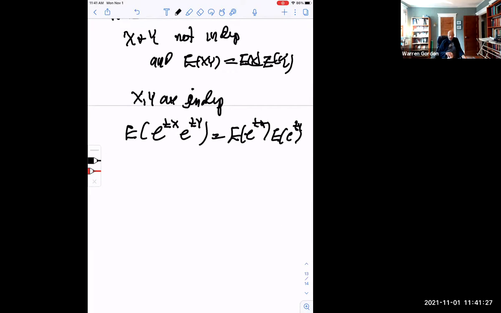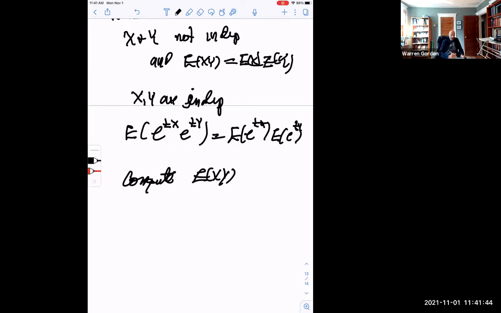So let's look at an example or two, just to show you how to compute E of XY. Now, let me tell you why this is important.